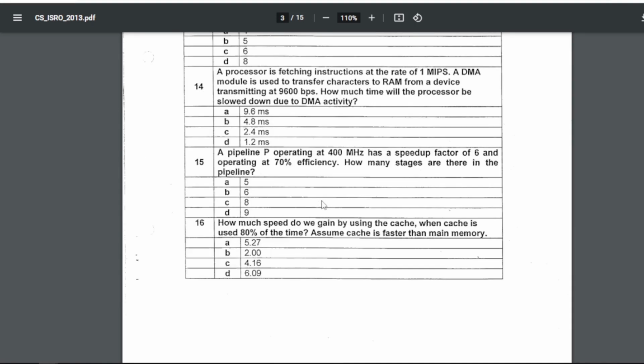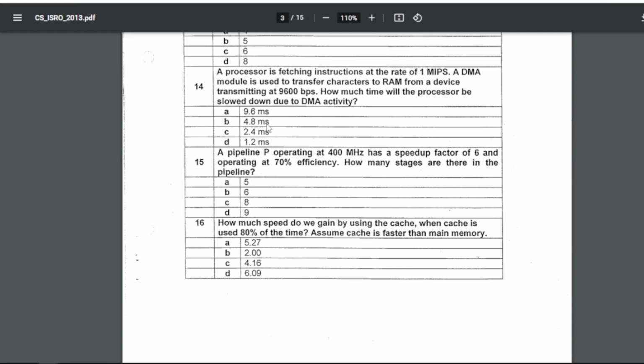Now question number 14: a processor is fetching instructions at the rate of 1 MIPS. A DMA module is used to transfer characters to RAM from a device transmitting at 9600 bps. How much time will the processor be slowed down due to the DMA activity? If you look at the options, you will find the answer as 1.2 milliseconds, right?